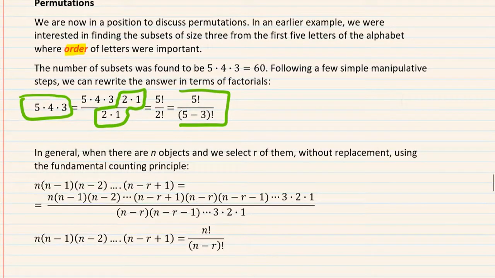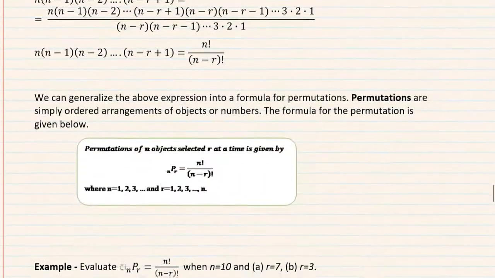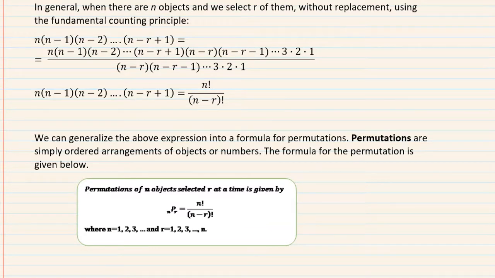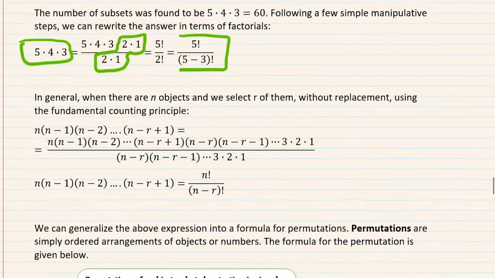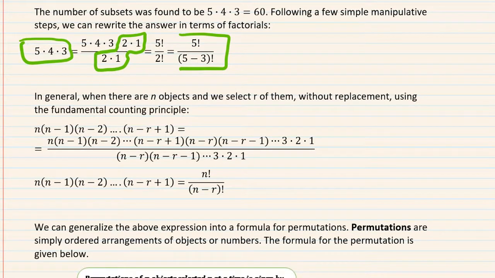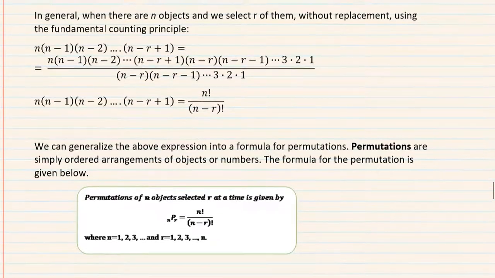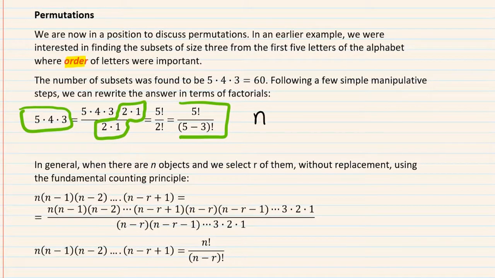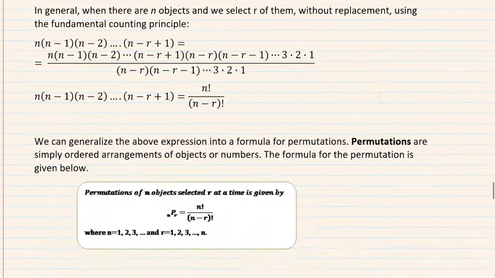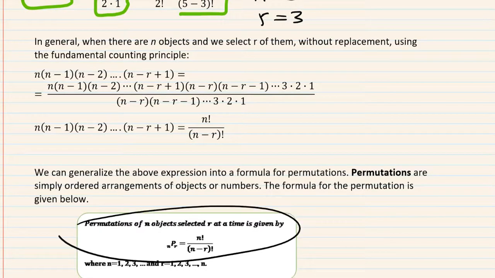Okay, well, in that form, we're going to call that the permutation of n objects selected r at a time, and that's what this formula is. Okay, so in our example that we just did earlier with the subsets, using the notation, n is 5, r is the subgroups of size 3, and that's what is used down here.